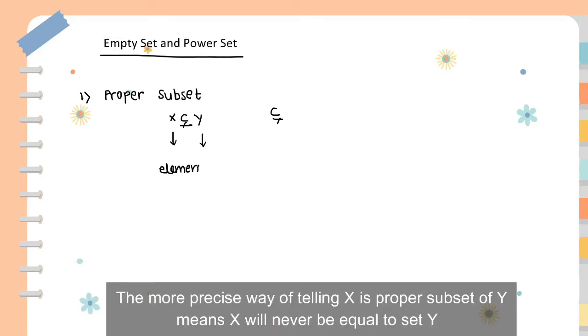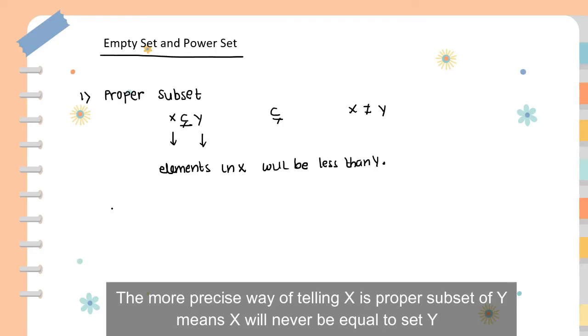So there is one important point left here, that is proper subset. Proper subset means, let us assume x is a proper subset of y. This is denoted by a cut mark here. The number of elements in x will be less than in y. So what does it mean? That is, x can't be equal to y.